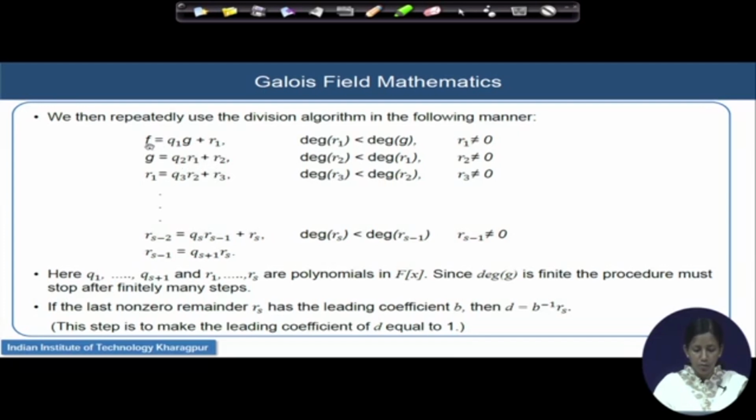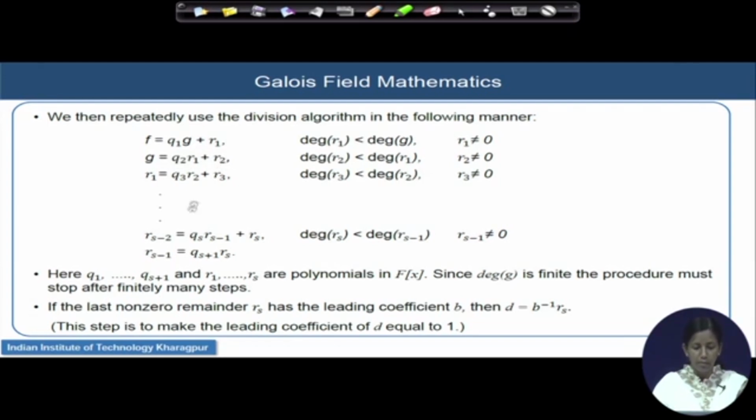Remember, in the first equation f, q1, g, r1 all are polynomials and all of them belong to the same field. We construct g = q2 r1 + r2, where q2 and r2 also belong to the same field F[x].